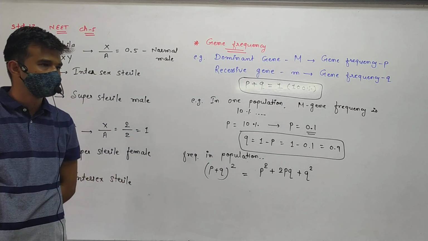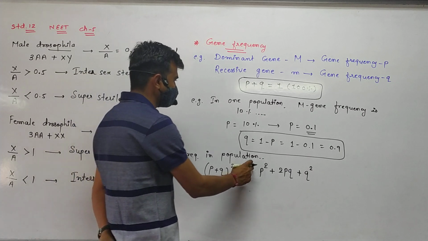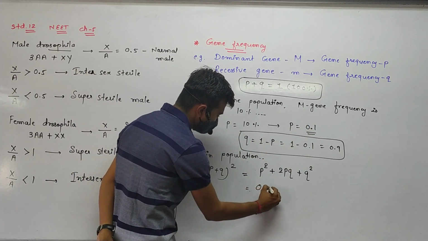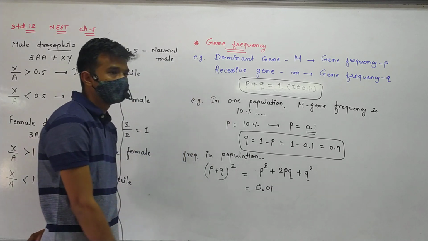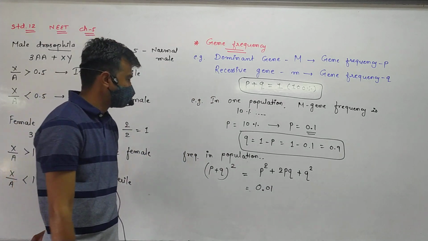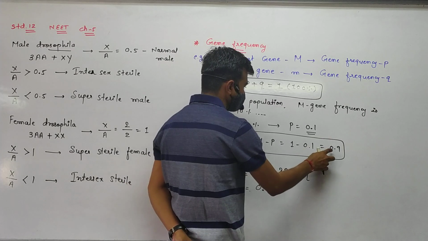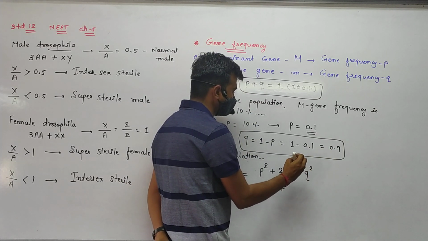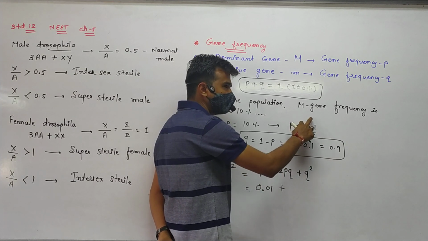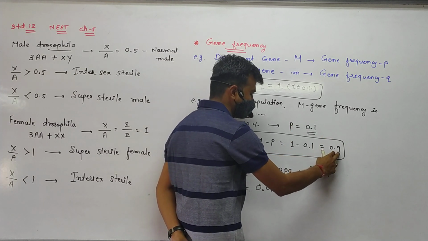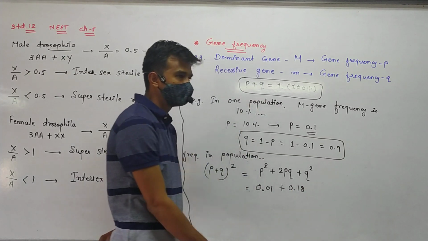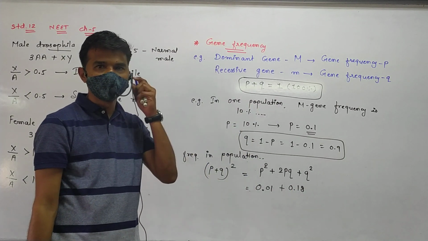Put the values. P square, 0.1 square, becomes 0.01. 2PQ: 2 into 0.1 into 0.9 is 0.18.